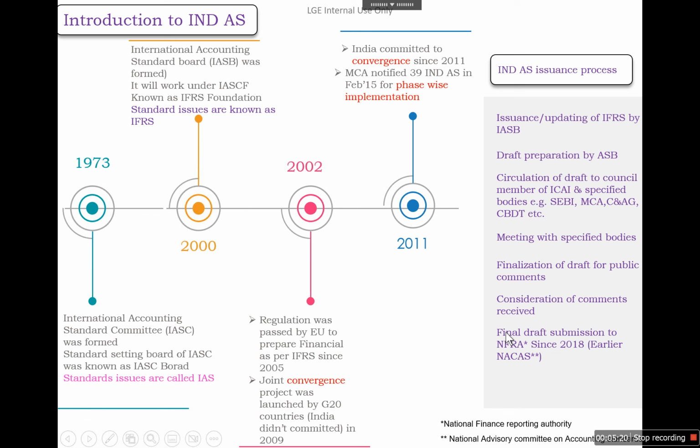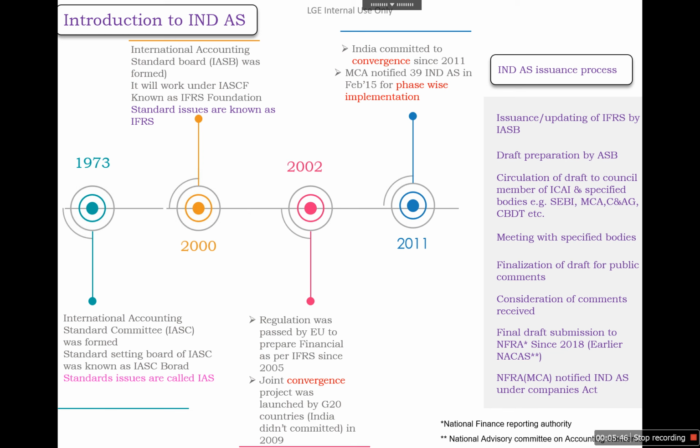And once the NFRA notifies Ind AS under the Companies Act, it becomes applicable. So this is the journey of how the need was felt for uniformity of principles and formats, and how it came on the ground in the form of globalization and was implemented in India.